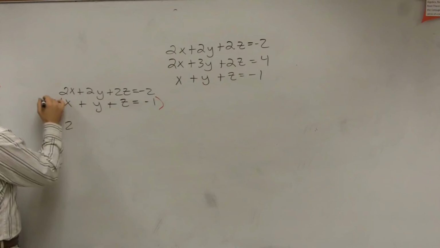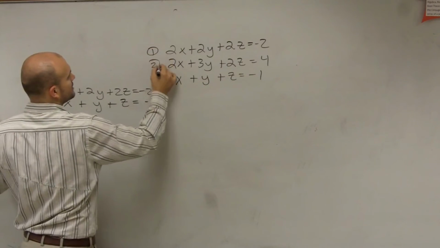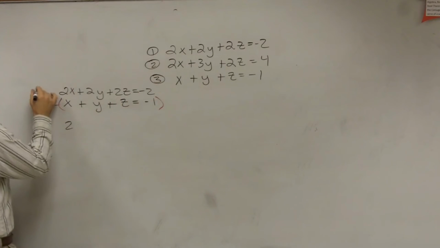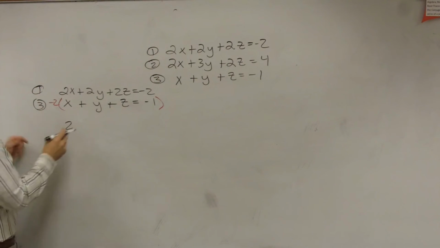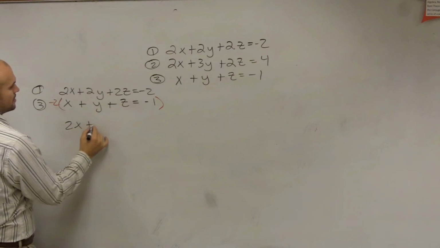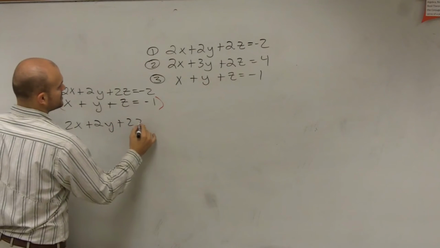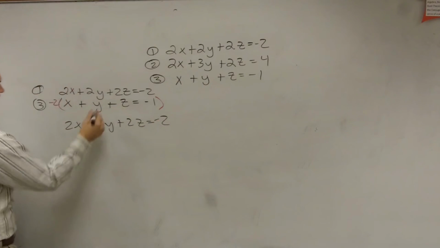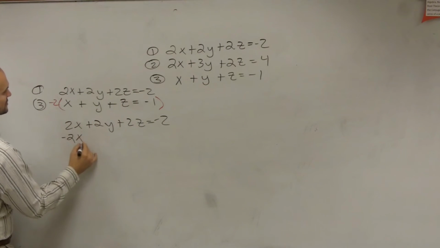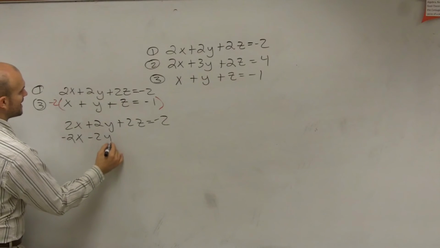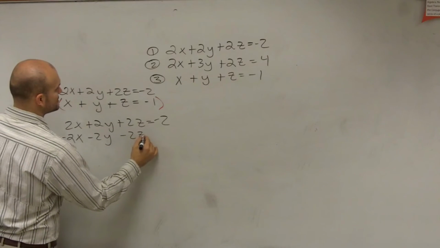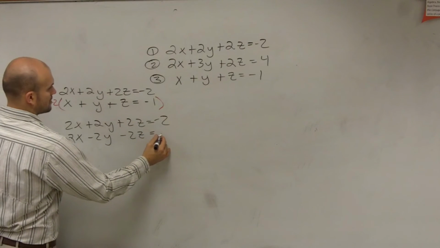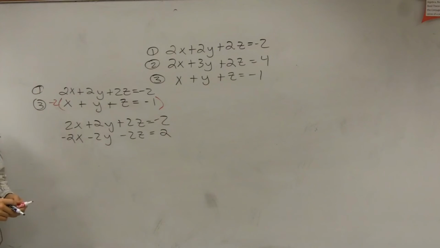So let's label our equations 1, 2, 3. Right now I'm using equation 1 and 3. So I do 2x plus 2y plus 2z equals -2. Therefore I get -2x minus 2y minus 2z equals +2.